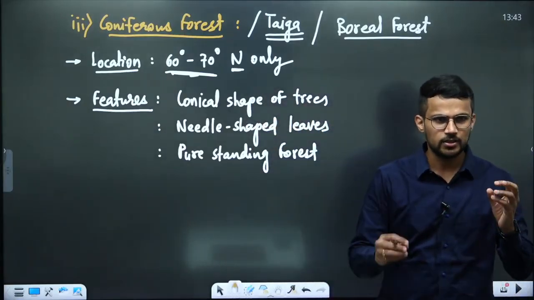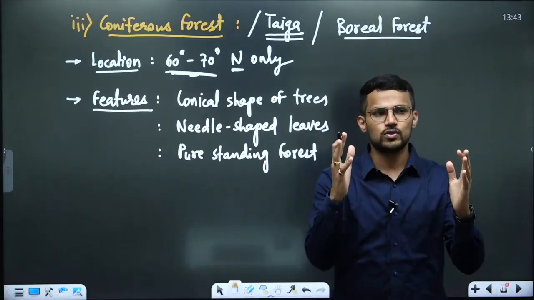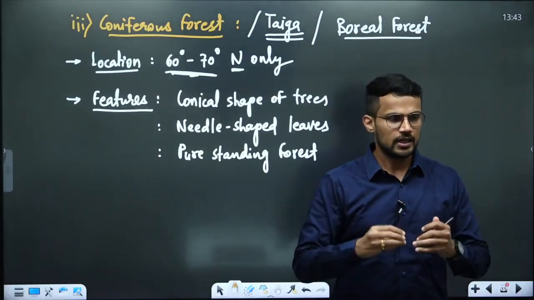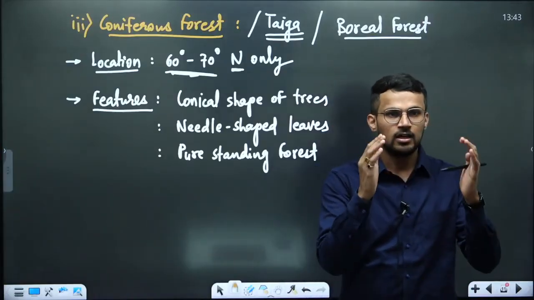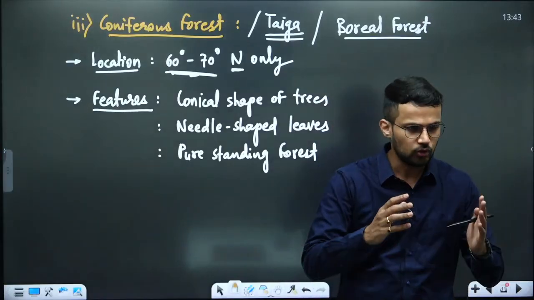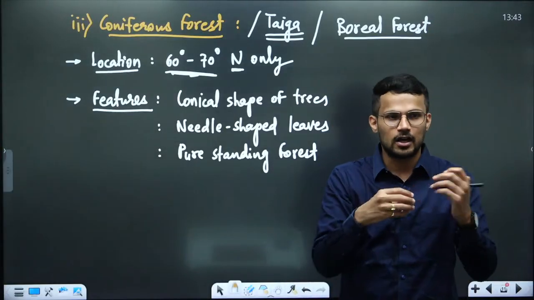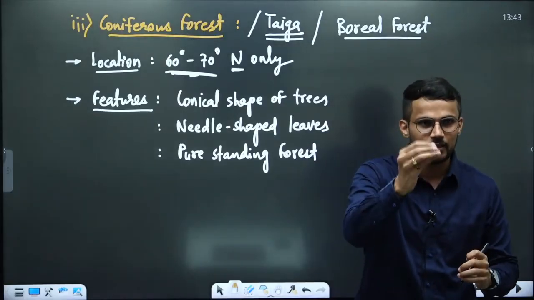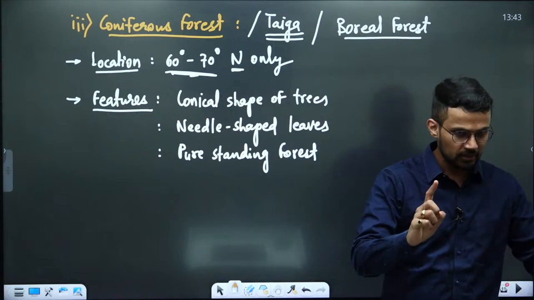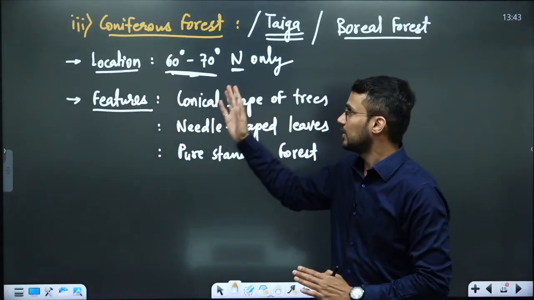It means see, if you visualize equatorial rainforest, in equatorial rainforest it's very difficult to determine stand of forest. क्यों? क्योंकि लियनाज वगैरह कहीं से भी आ जा रहे हैं, and that's why it's very difficult to determine कि किस पेड़ का कौन सा stem है, right? But that is not the case in these forests.